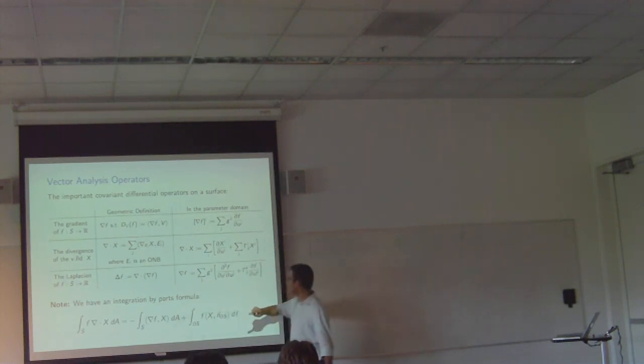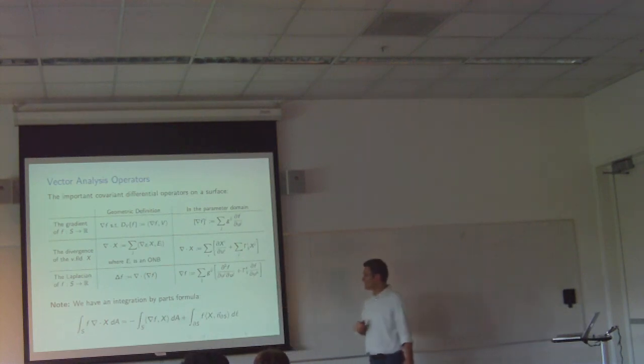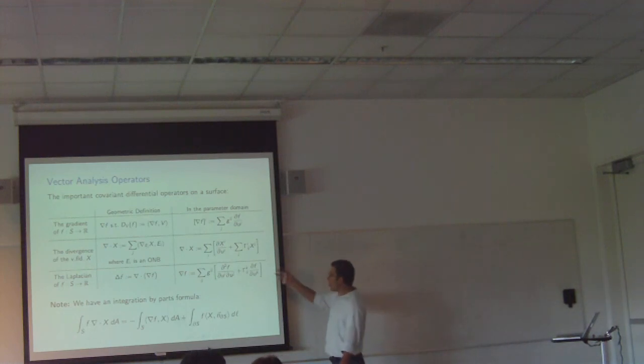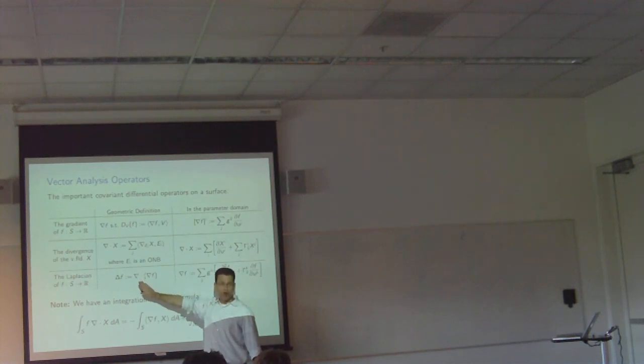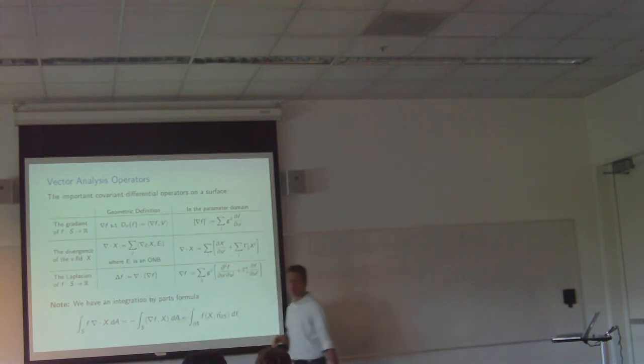The Laplace operator of f is a complex formula involving g and the Christoffel symbols. So the upshot of this slide is all three of your favorite operators carry over to surfaces, except you have to be careful how you compute them. They involve g, the metric. The reason is the notion of orthogonality has changed.